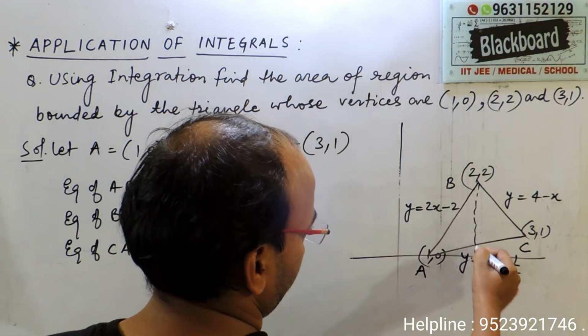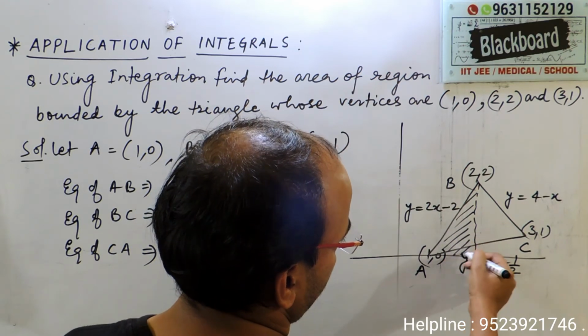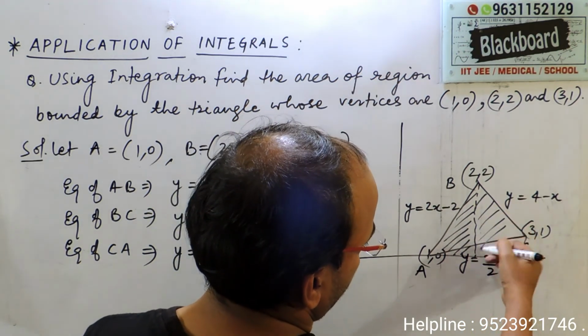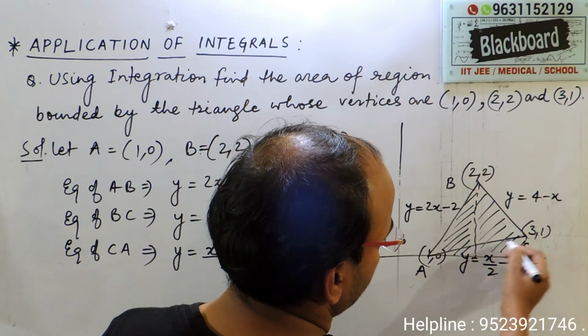First, find the area of this region plus the area of this region minus the area of this region.